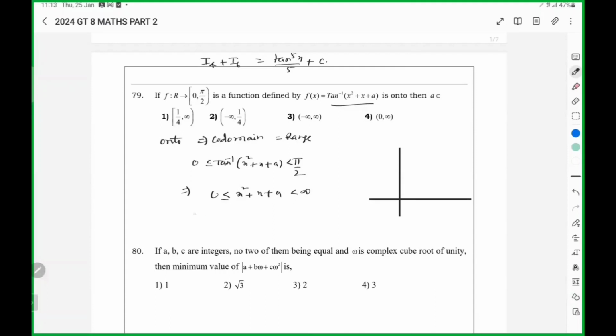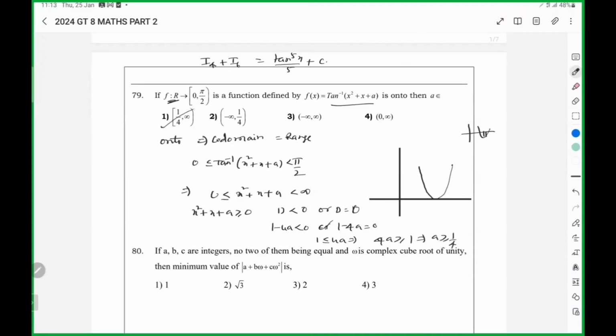So that is x square plus x plus a is positive for all x in the domain. Possible when the discriminant is like this. If the graph happens to be here, for some x values it will be negative. It is possible when discriminant is less than or equal to 0. That is 1 minus 4a less than 0 or 1 minus 4a equal to 0. That is 1 less than 4a, 4a greater than 1. The answer is the first option.